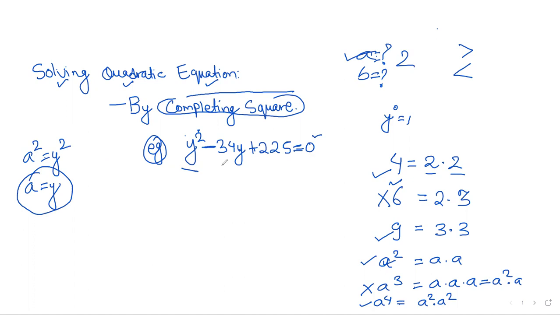In order to find b, you take the middle term and divide by 2a. In this case, our middle term is 34y, and you divide by 2, and we have already found a to be y. So what we get here is 17. Done, b is 17.